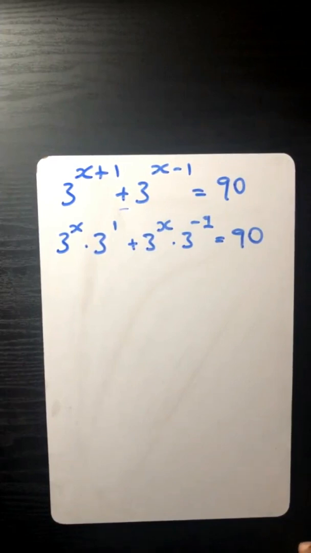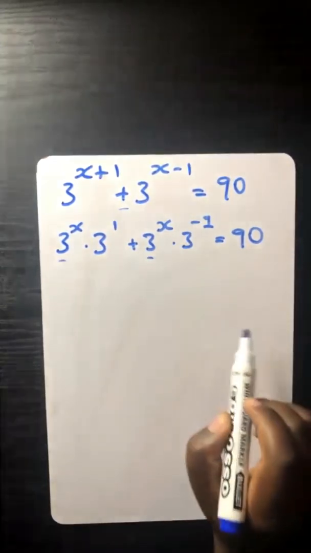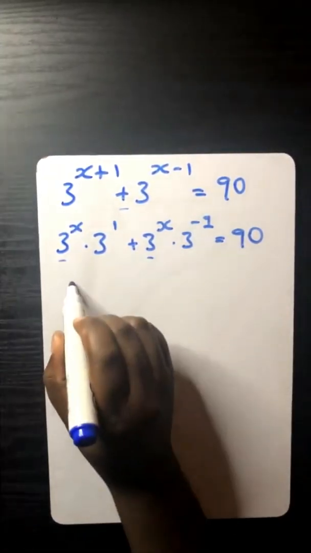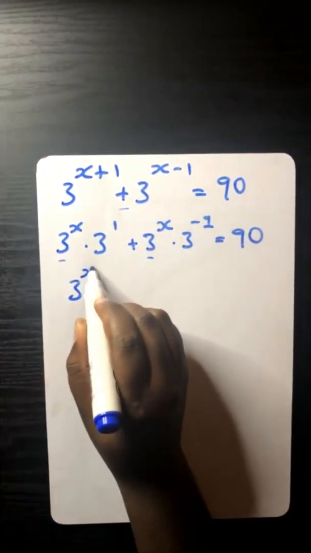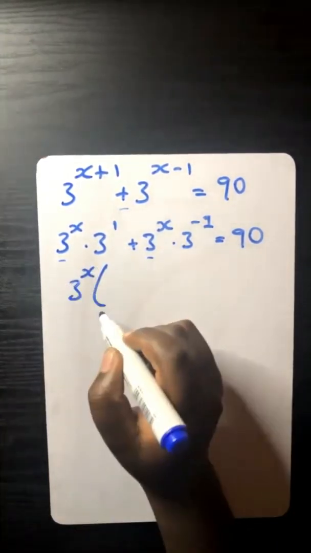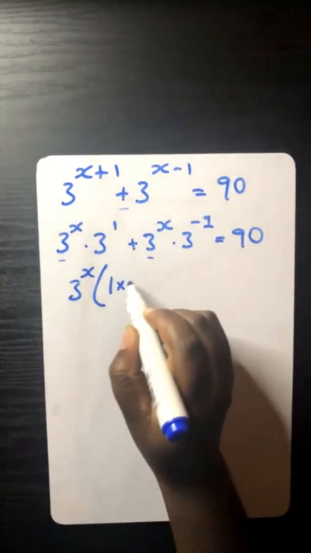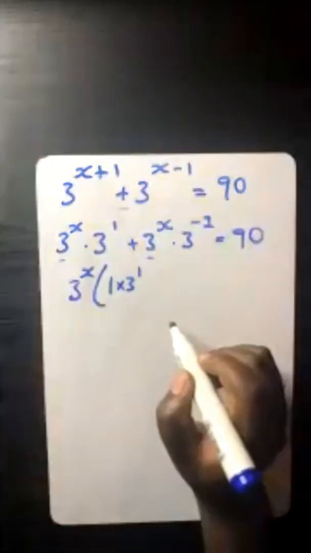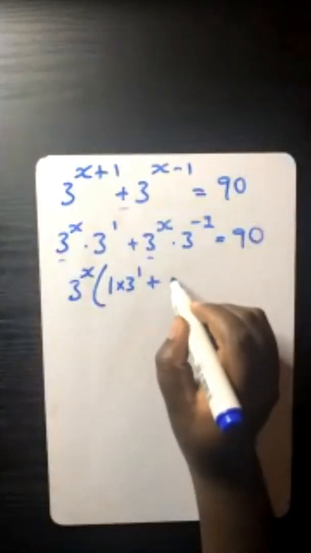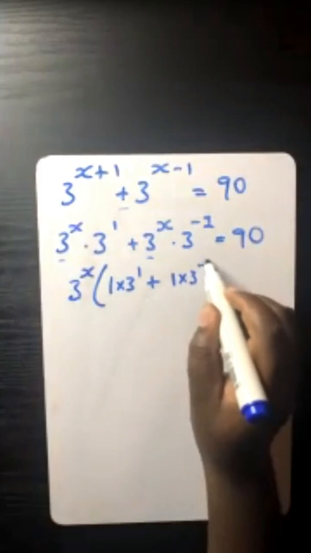So, what can we do? We can take out 3 to the exponent x as a common factor. In place of that factor, you write 1 there. This is 1 multiplied by 3 to the exponent 1 plus 1 multiplied by 3 to the exponent negative 1.